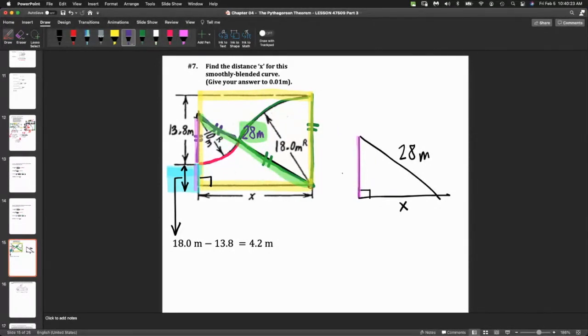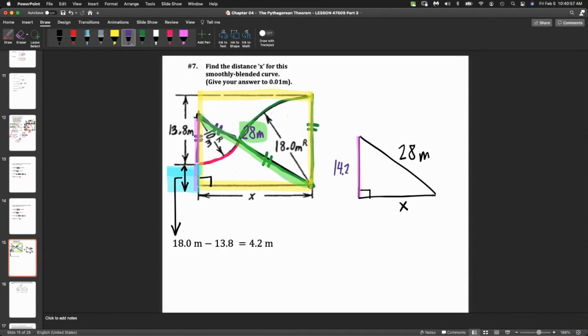So what is the number that goes here? What's the height of this triangle? Any takers? What do we got here? This one's dangerous. All right, it's a race to the finish. It's like the Olympics. Yes, 14.2.